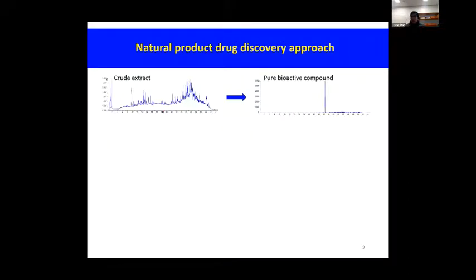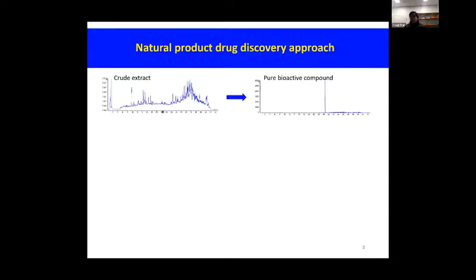Before I jump to antibacterials, I want to show you how complex the extract of a plant is. You can see on the left-hand side the chromatogram of the whole extract of one of the plants we screened. This chromatogram illustrates how complex it is.